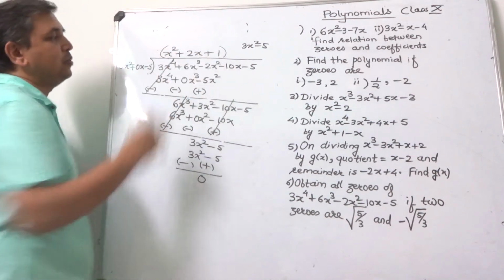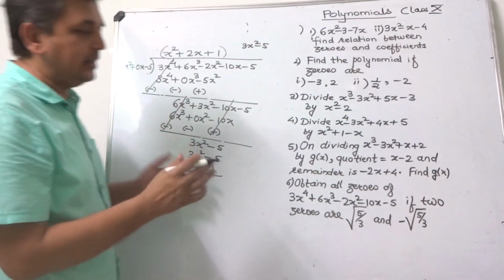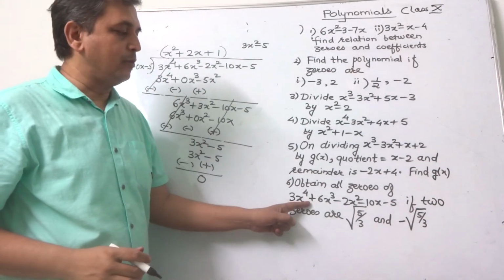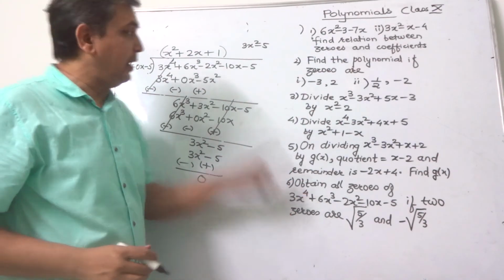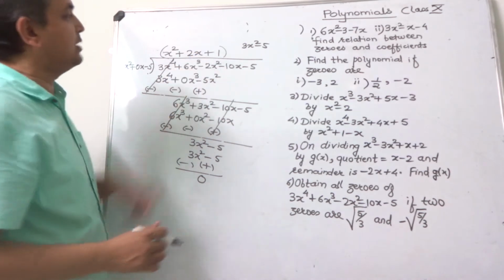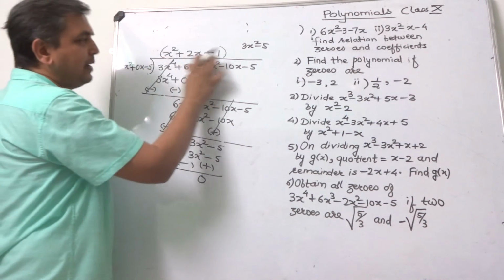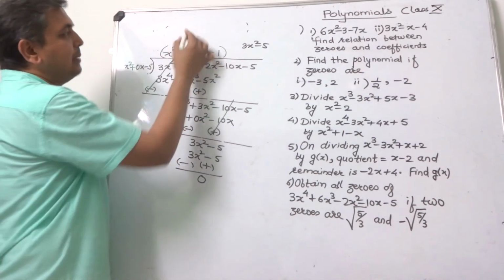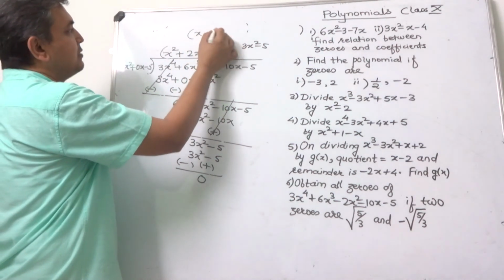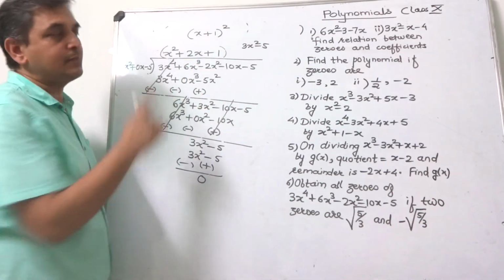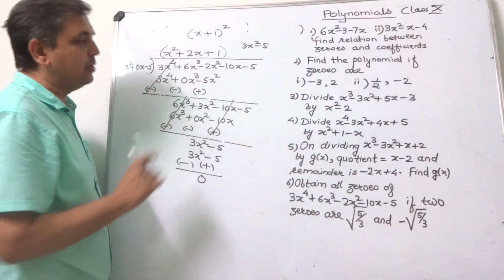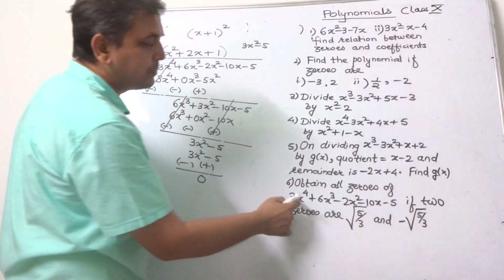x square plus 2x plus 1 is another factor of this polynomial. So if x square plus 2x plus 1 is a factor, can we factorize this further? This can be factorized as x plus 1 whole square. So x plus 1 whole square is also a factor of this polynomial.